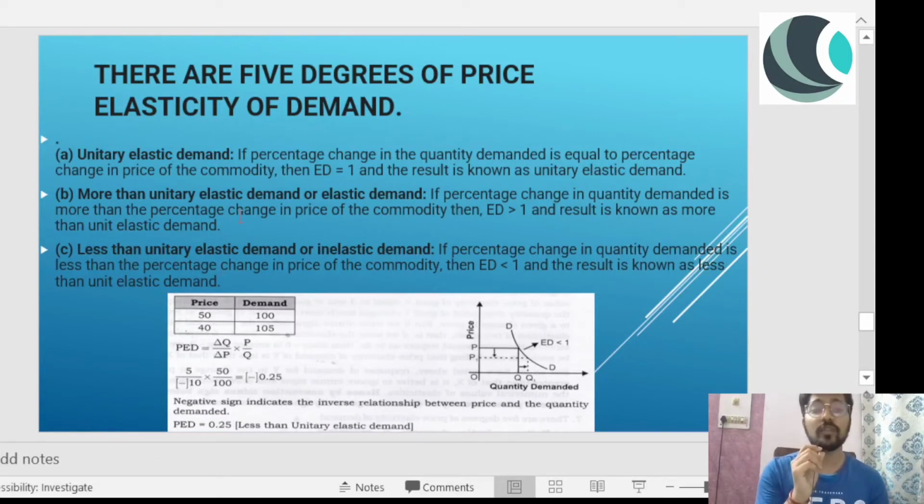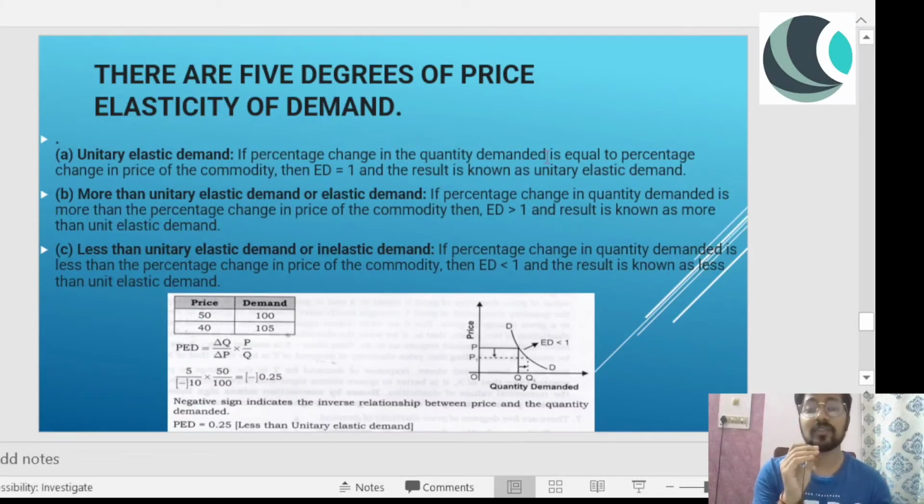Second, more than unitary elastic demand, or elastic demand. So we are talking about elasticity of demand greater than 1, if the percentage change in quantity demanded is more than the percentage change in price of the commodity. Let's suppose the quantity demanded increases from 100 to 120 and the price has decreased by 10.